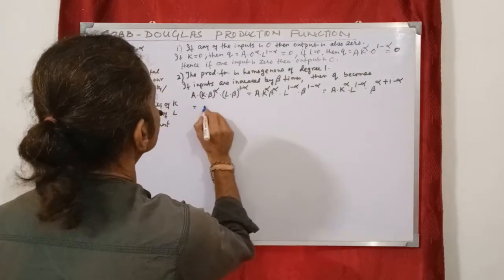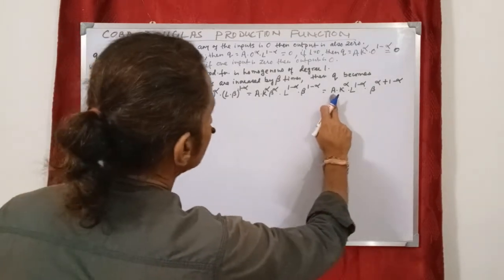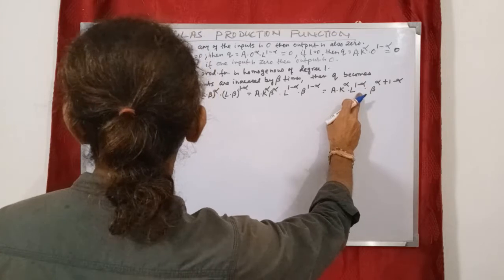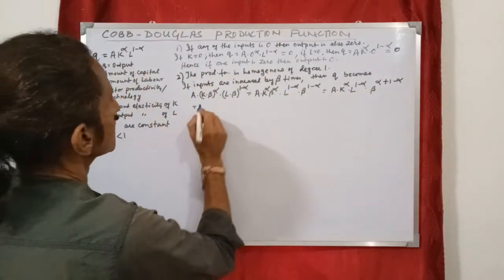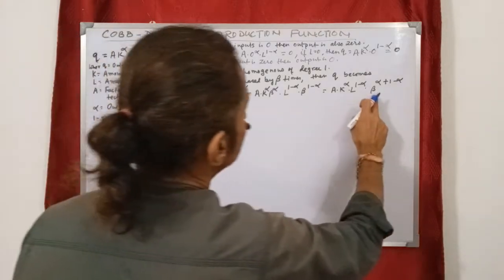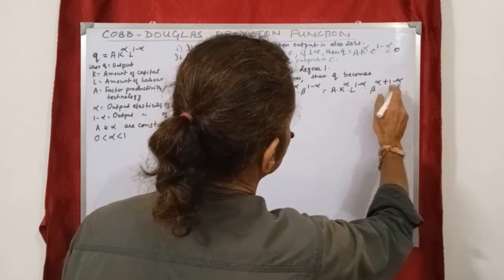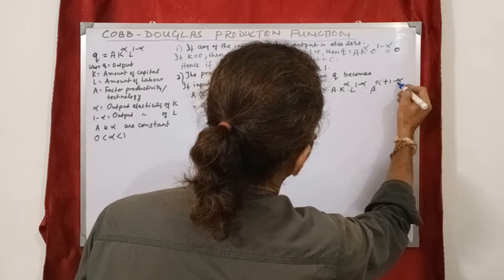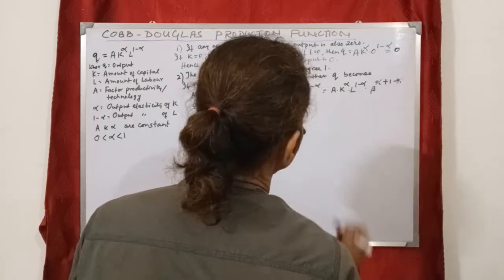This is equal to A K to the power alpha, L to the power 1 minus alpha, which is what? This is Q. So this is equal to Q into beta to the power alpha plus 1 minus alpha. Plus alpha minus alpha cross out each other.